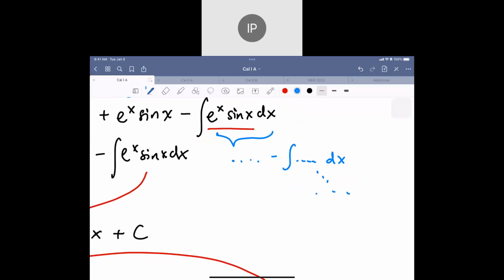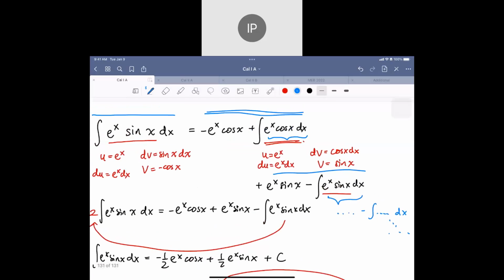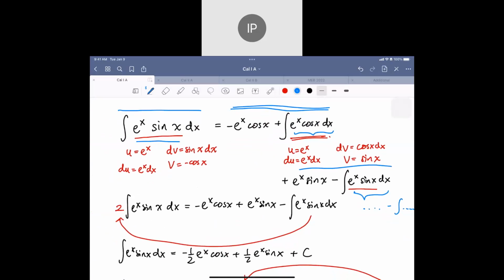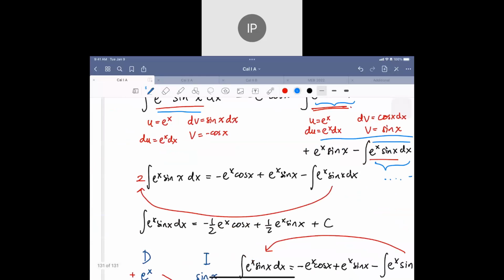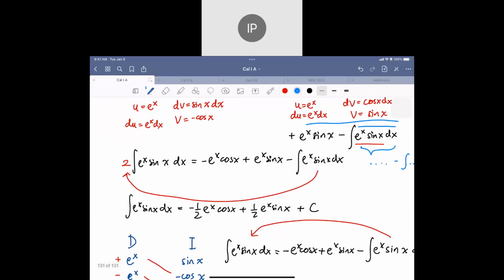So we are going in cycles. But if we look at the original equation that we have, e^x sin x, and it's the same e^x sin x, we can group these integrals into one equation. We can move it to the left side, and simply divide the whole equation by 2.